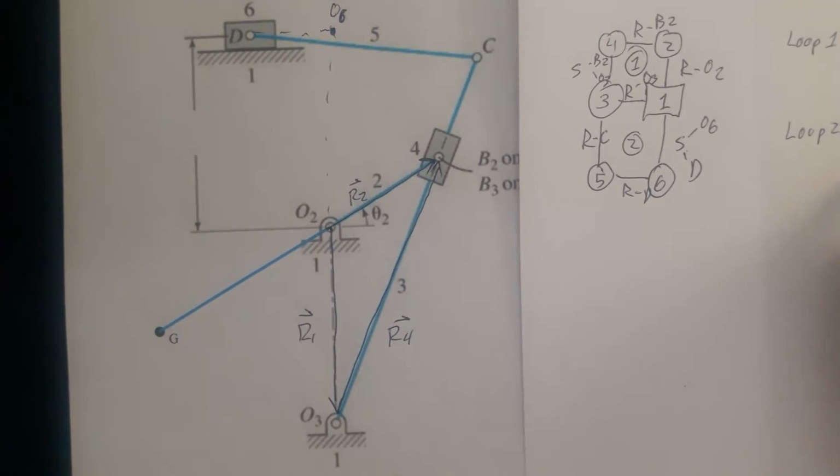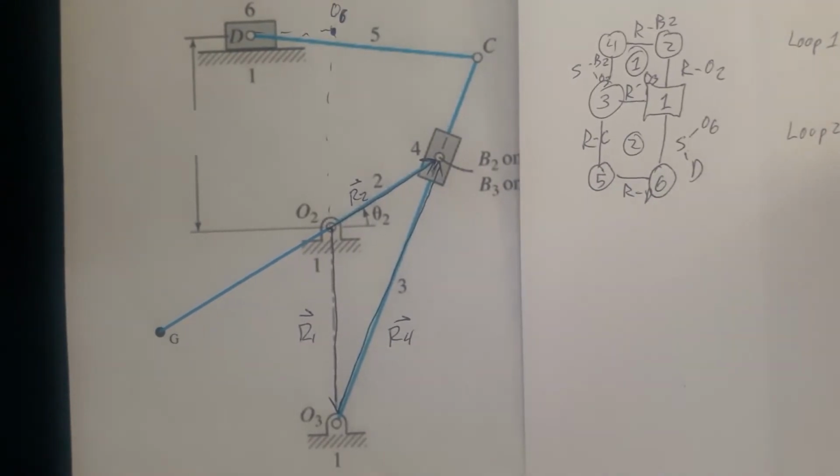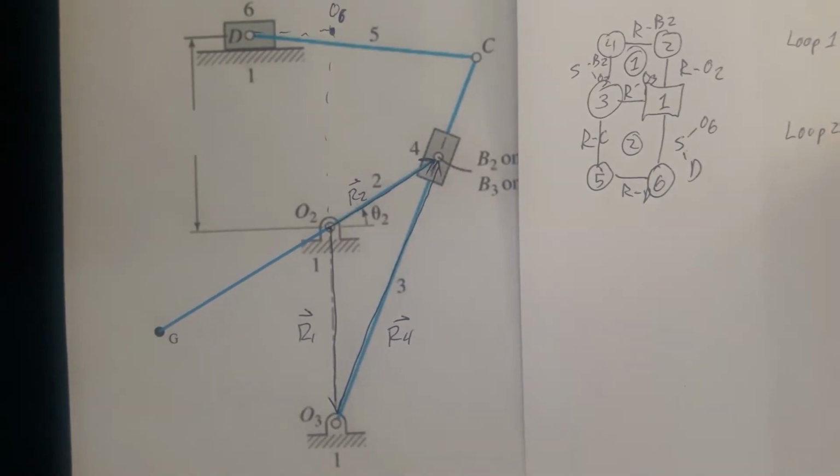I'll start at O3, and then on the other side I'll go O3 to O6, and then to D. And so for this equation I had R2 equals R4 plus R1.